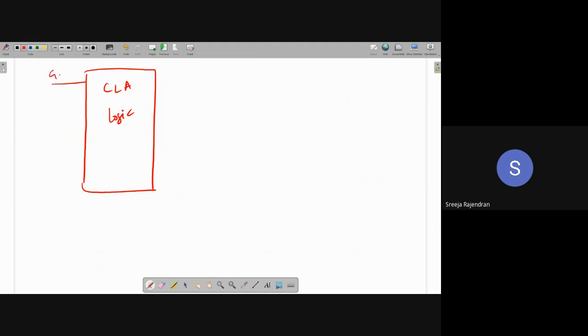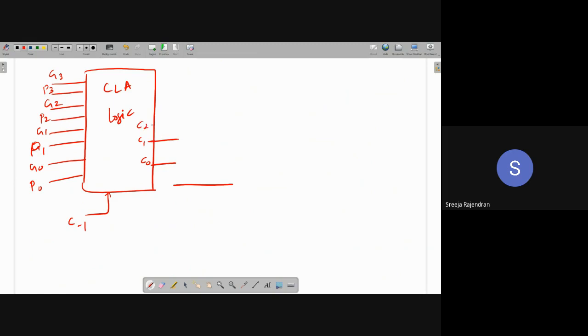I have all my inputs D3, D3. Here I have D0.